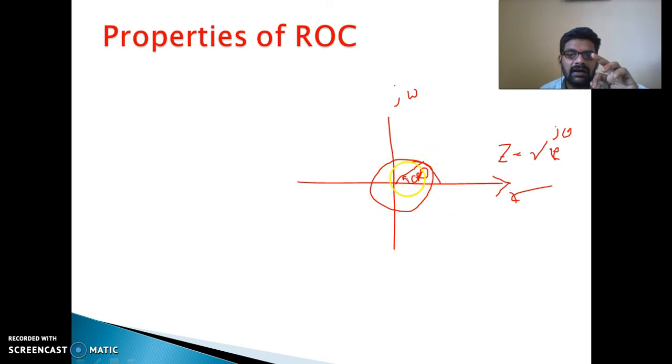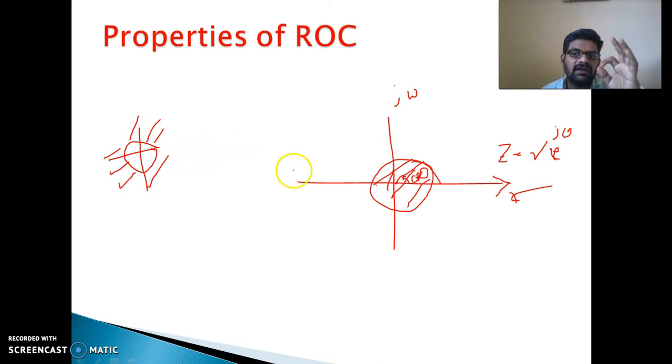So r defines the radius of the circle, which defines the area until which the function converges. Like this we will shade either inside or outside of the circle. If r is equal to 1, then z is equal to e power j omega, where the radius is 1. Such a circle is known as the unit circle.